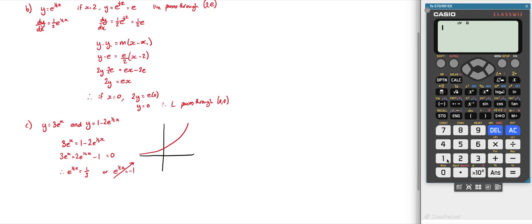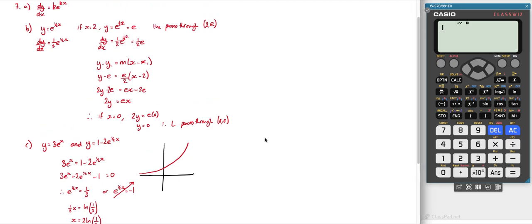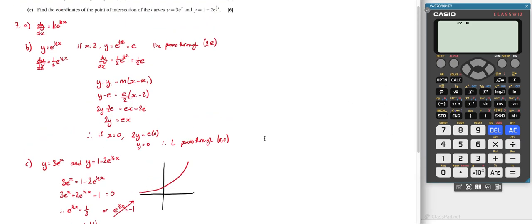We're going to take natural logs of each side, so a half x is ln of a third. So x is 2 ln of a third. Does it want a different form? Find the coordinates.